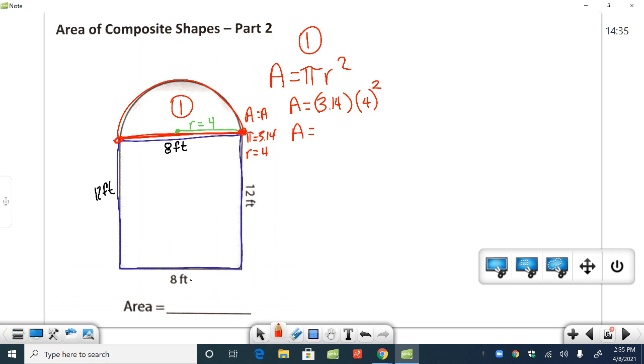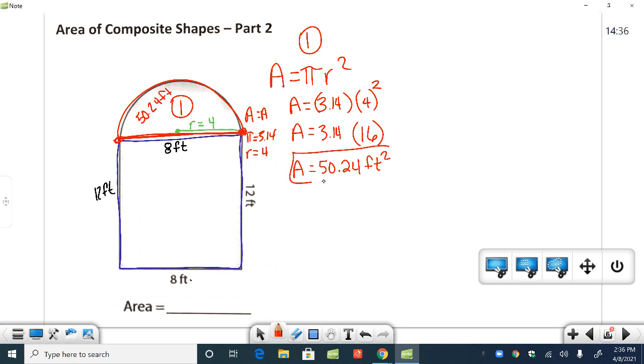You've got 4 squared, which is 16. And then you've got 3.14 that you've got to multiply with that. So we're just going to solve it. 3.14 times 16 is going to give you 50.24 feet squared.